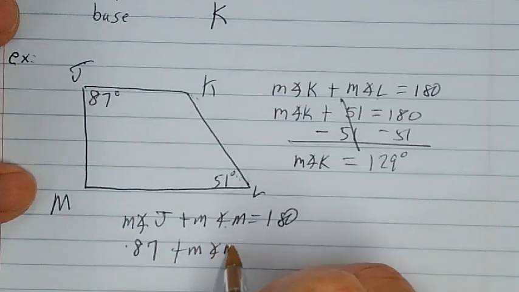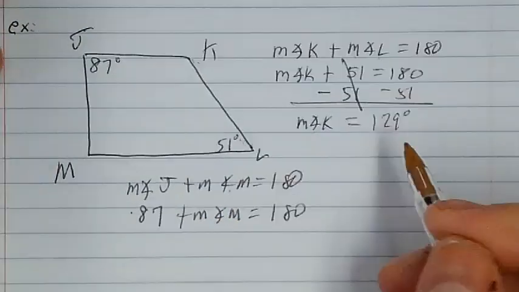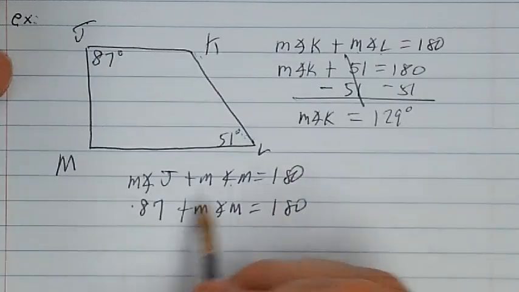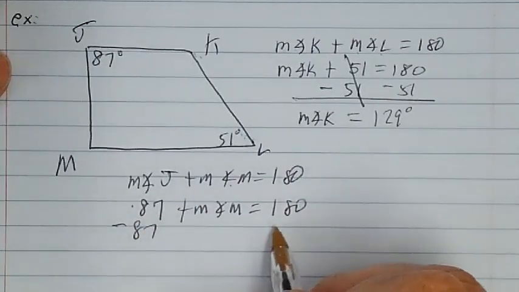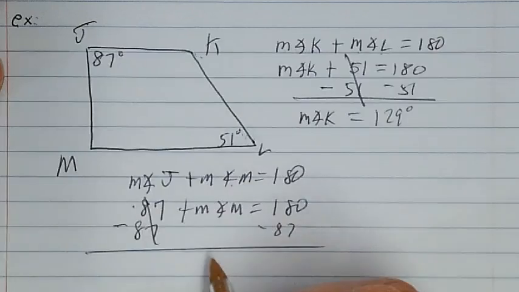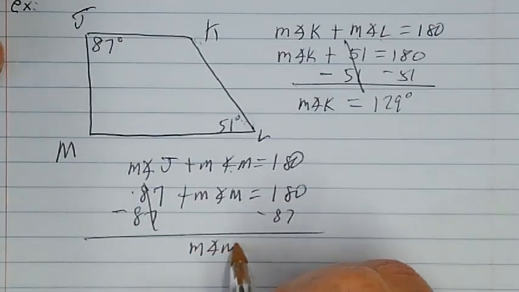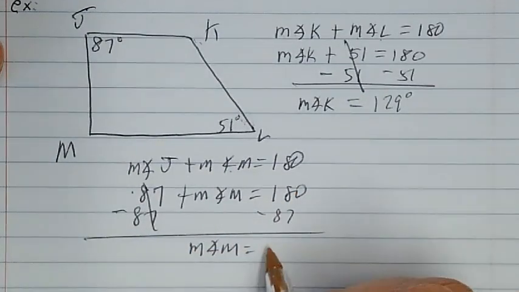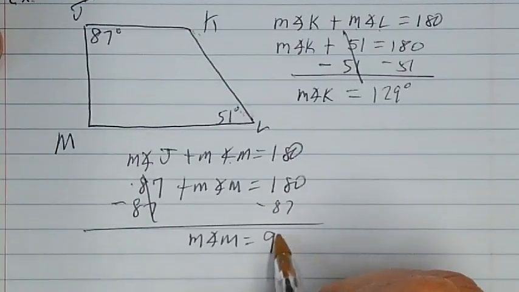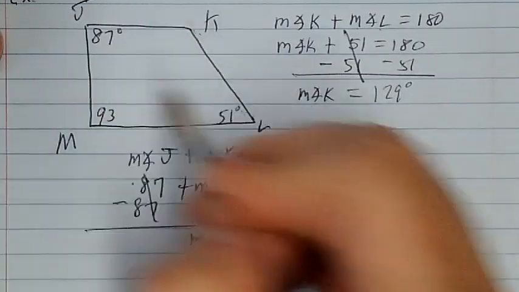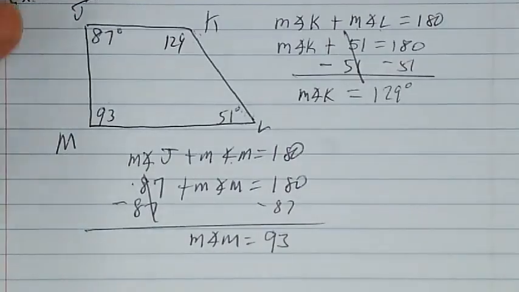How do you solve that? Minus 87, minus 87. Finally, the measure of angle M equals what? 93. Any questions with that? Any questions with that? Andros?